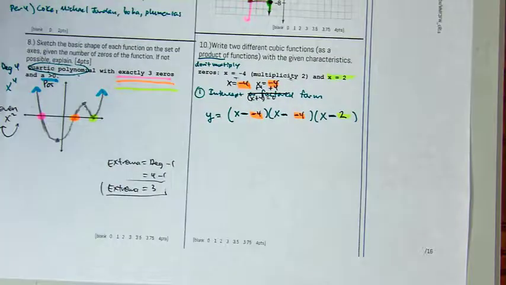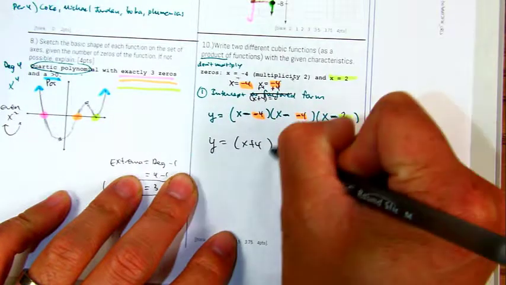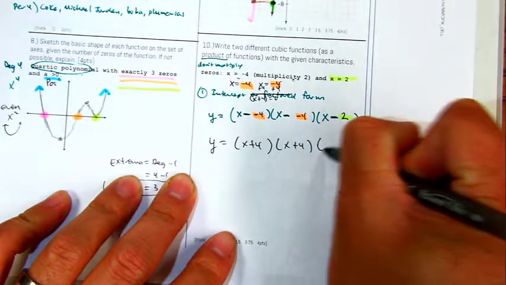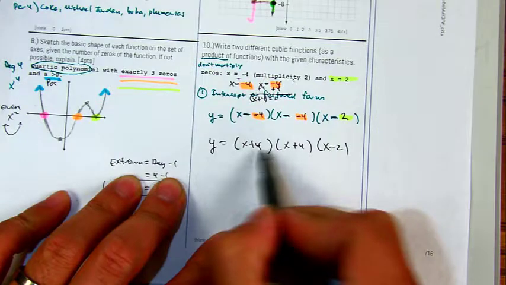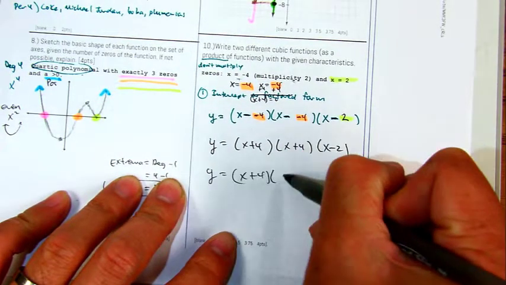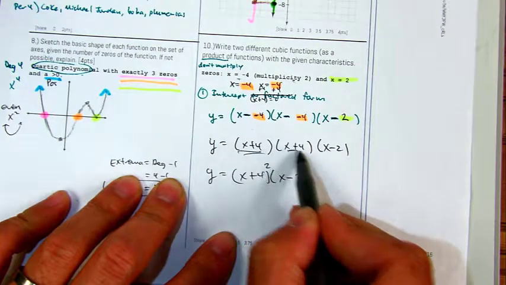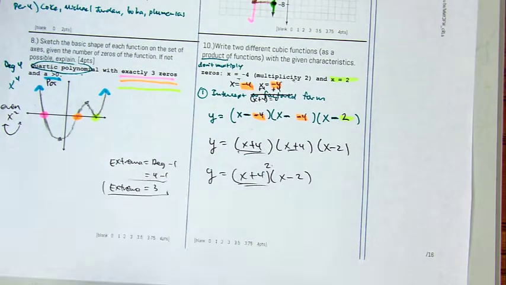Let's just clean that up. x plus 4, x plus 4, x minus 2. And you have 2 of those. So that doesn't count. These are the same things, right? 2 of those right there. So this would be one of your equations.